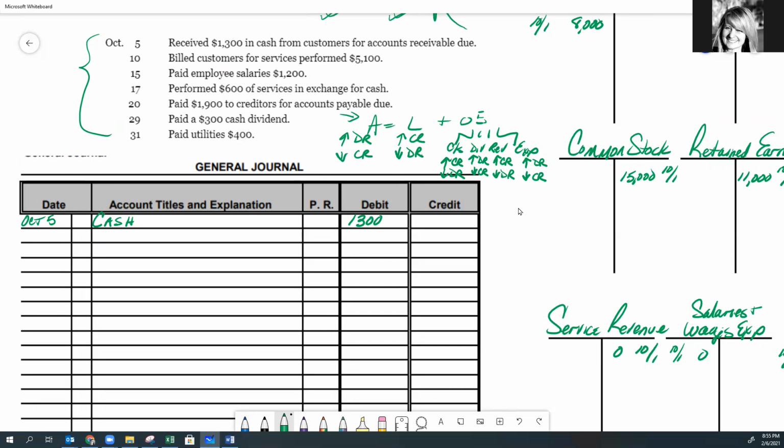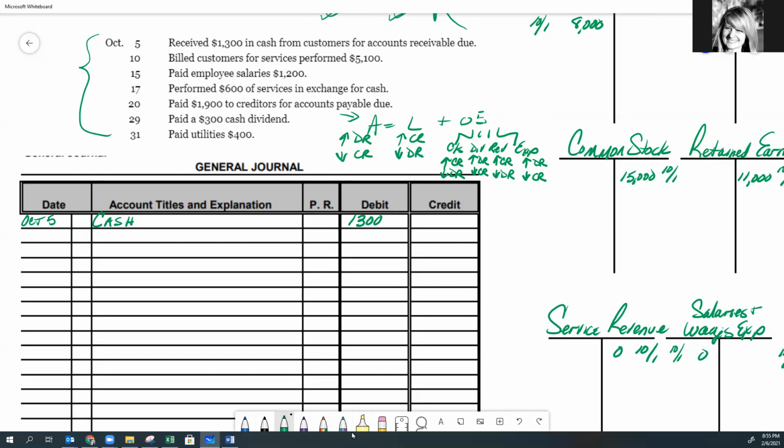Our accounts receivable, when we collect this cash from our customers, they don't owe it to us any longer. So we are going to decrease that asset, accounts receivable. Again, how do we make assets go down? Here with a credit.